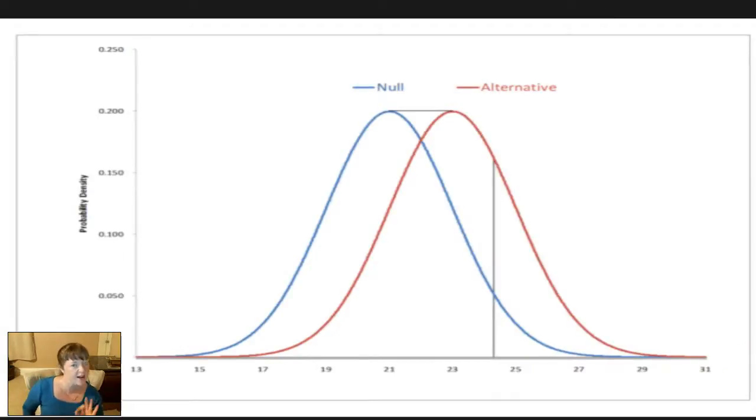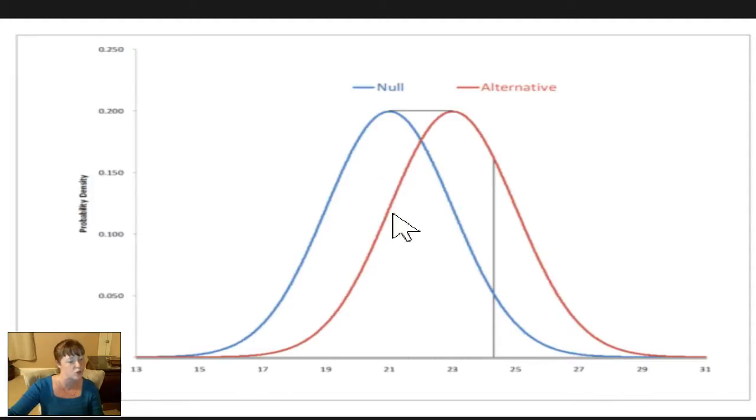And so now what I've done here is I've gotten rid of all that shading in. So you can really see this new red distribution called the alternative hypothesis sampling distribution laid right on top of our blue null hypothesis sampling distribution. And these two sampling distributions represent our competing hypotheses, right? Here we've got the blue one centered on 21.